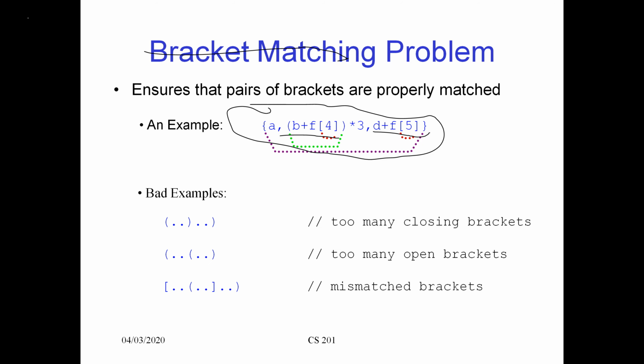But there are bad examples also, with too many open brackets or closing brackets, and these are problematic cases. So we can apply the stack to understand the completion of an expression.